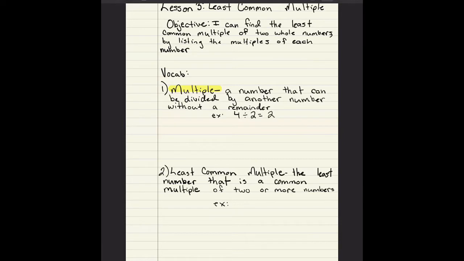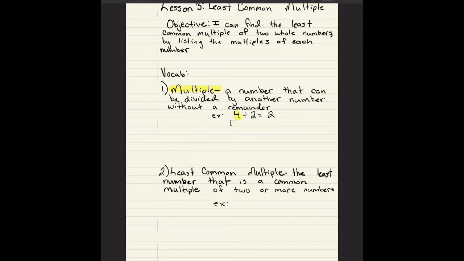Good. So 4 divided by 2 equals 2, and it has no remainder. It goes into it evenly. So our multiple in this problem would be the 4, the number being divided by another number. The other number is 2, and the answer has no remainder.